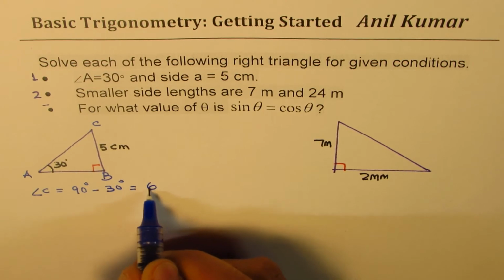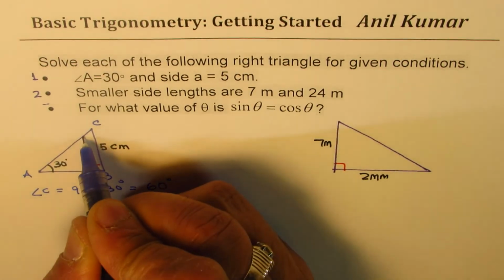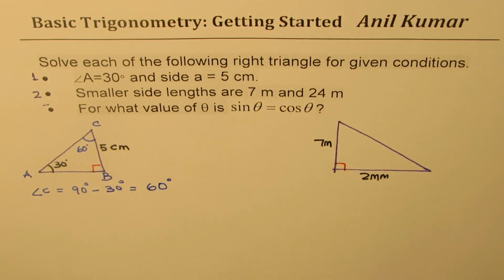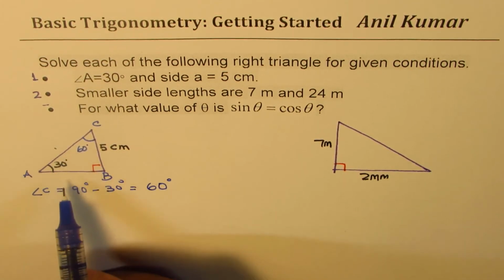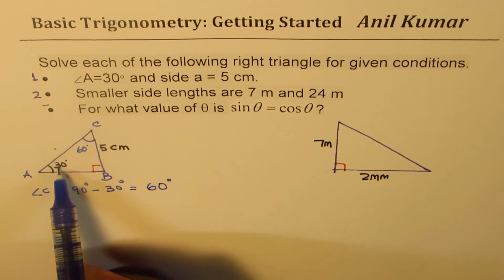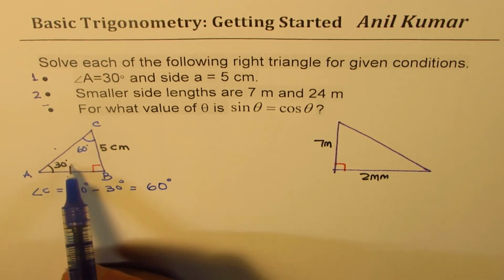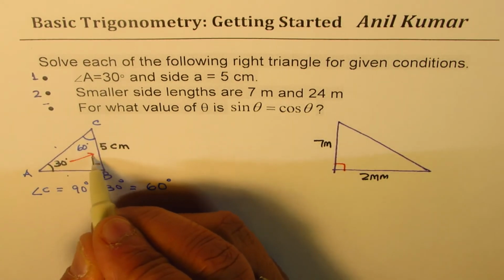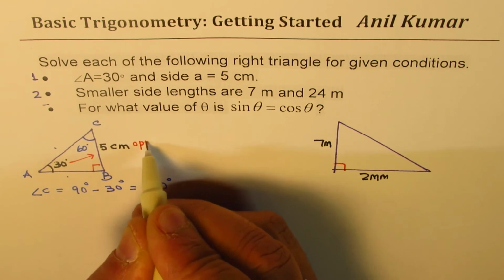So angle C is 60 degrees for us. So we have found that angle. That is simple. Now, how do we find these sides? If I am looking from the 30 degrees angle, then this side is the opposite side. As you can see, from 30 degrees, this side is the opposite side.